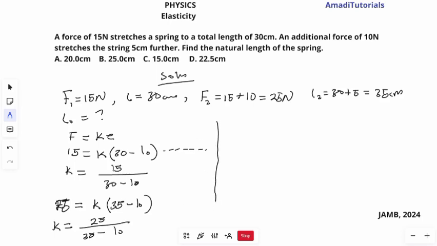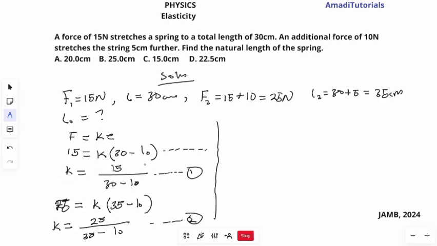So you have your first equation, equation 1, and your second equation, equation 2. You see that K in the first equation equals K in the second equation, which means that what is here is equal to what is here.